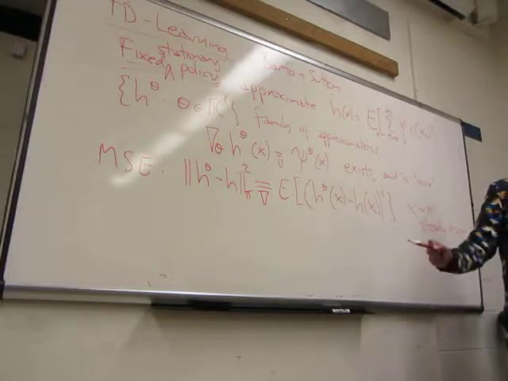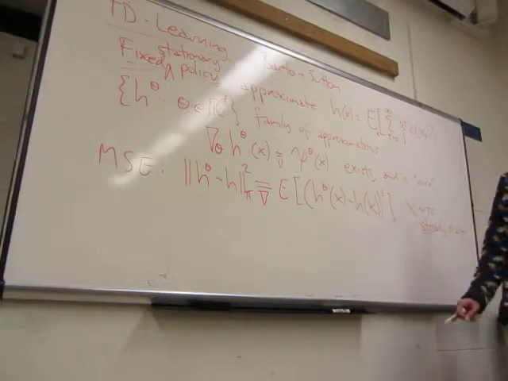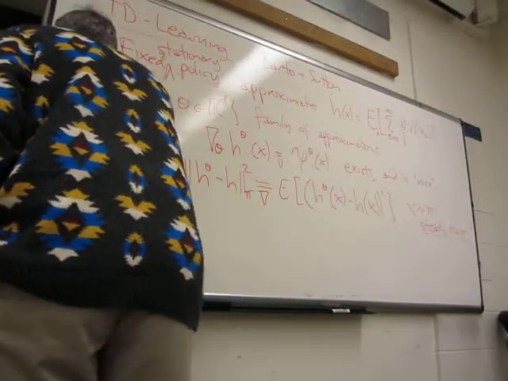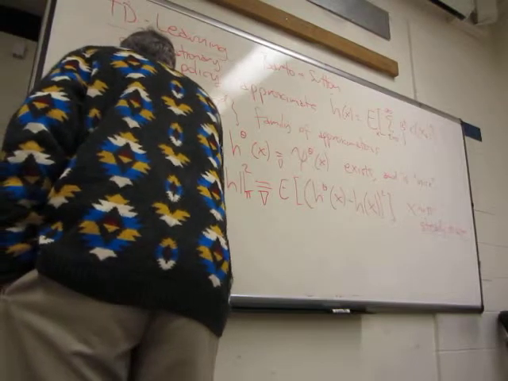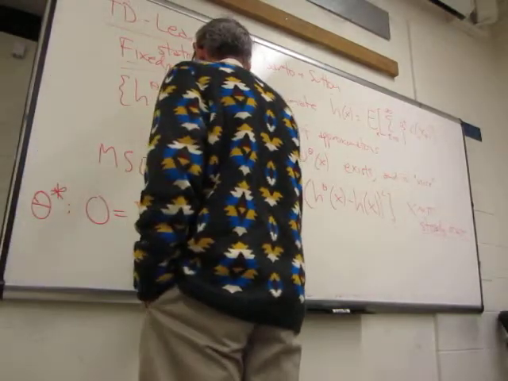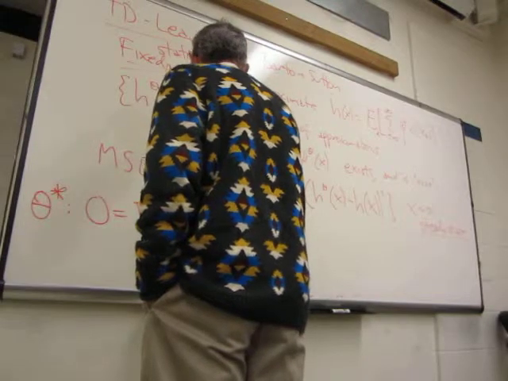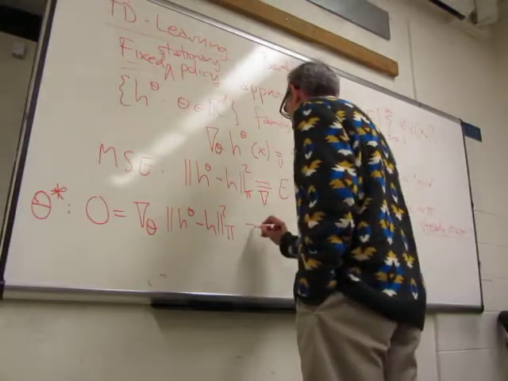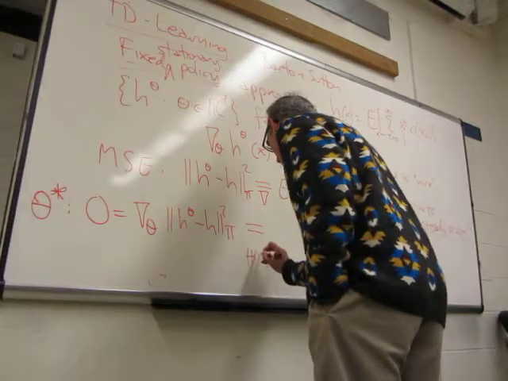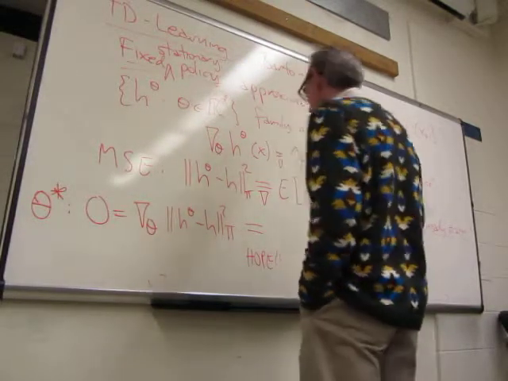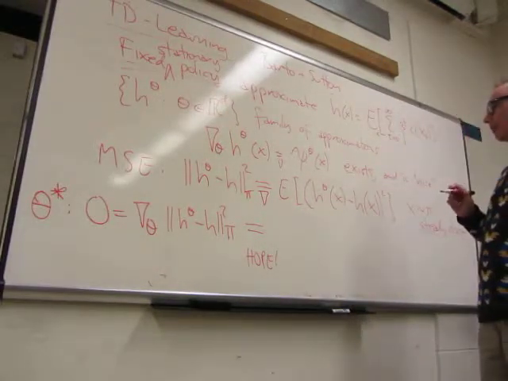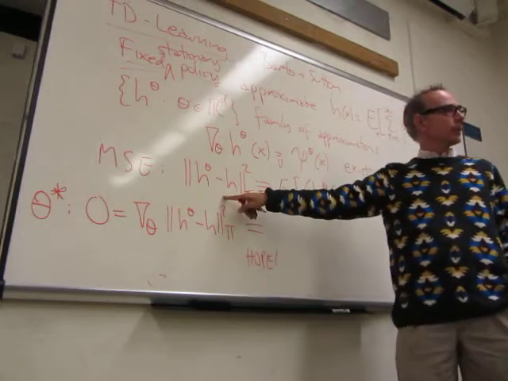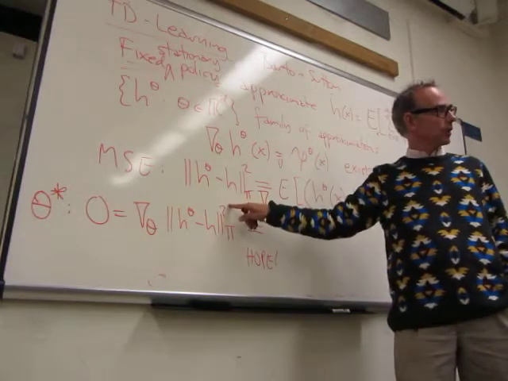All right, so we do it. Take gradients. So what I'd like to do now is take the gradient of this objective function and set it equal to 0 to minimize this mean square error.